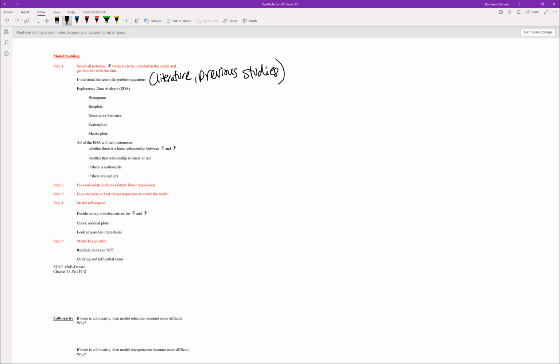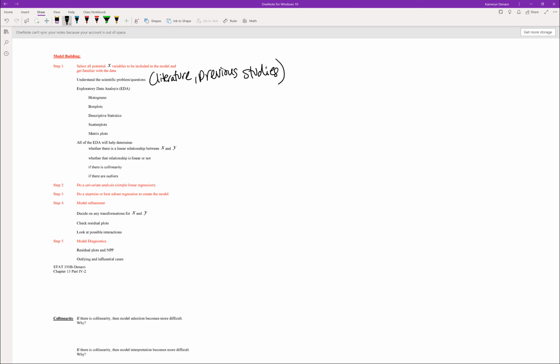We're going to perform our exploratory data analysis, which includes plotting our data as well as getting descriptive statistics. This exploratory data analysis helps us determine whether or not the relationship between X and Y is linear, whether or not there's collinearity, are there any outliers, are there any mistakes in our data, and so on.